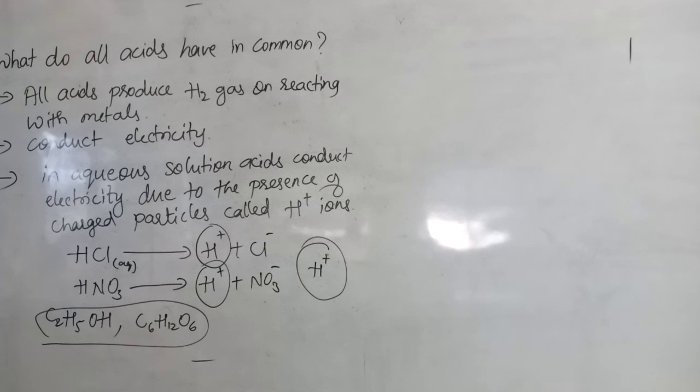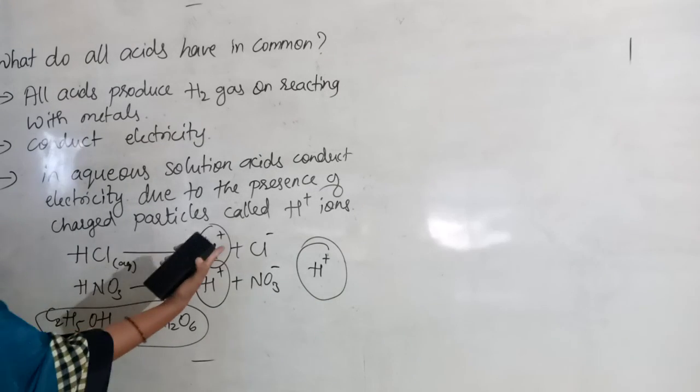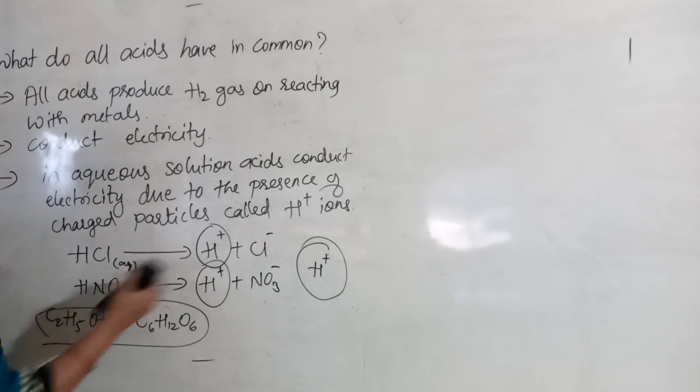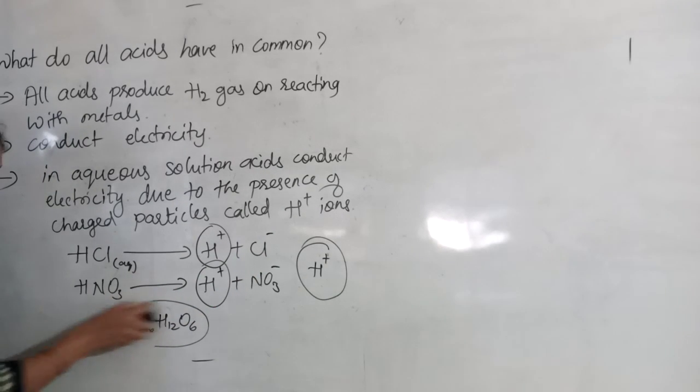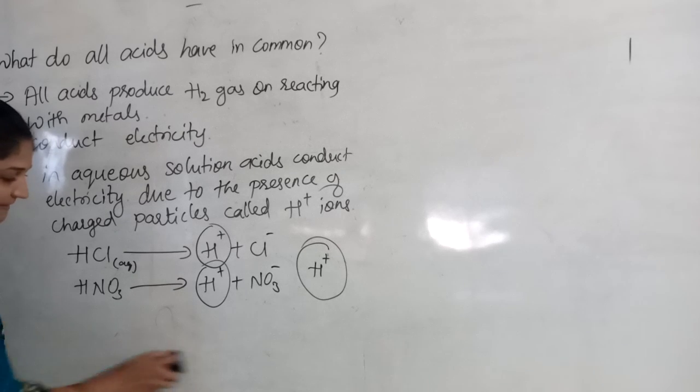The next we'll move to: what do bases have in common? Here we studied that when HCl dissociates, it forms H plus and Cl minus. If HCl dissolves in water, what happens?